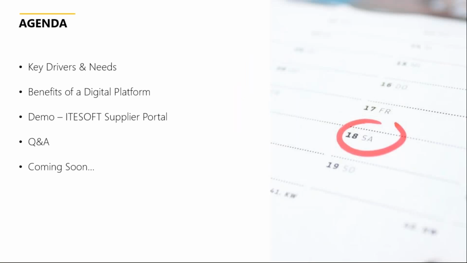What we're looking to cover today in terms of the agenda is a few different bits before I hand over to Craig. What are the drivers and the needs around Supplier Portal, as well as an element of digitalisation to this? Fundamentally, you can't do Supplier Portal capability and supplier relationship capability without having a level of digitalisation in place.